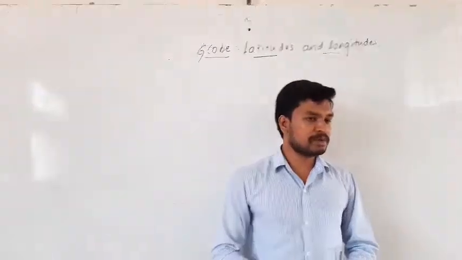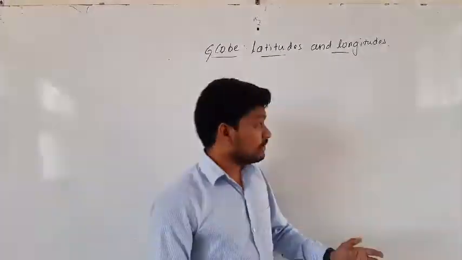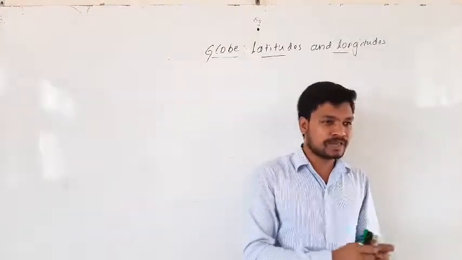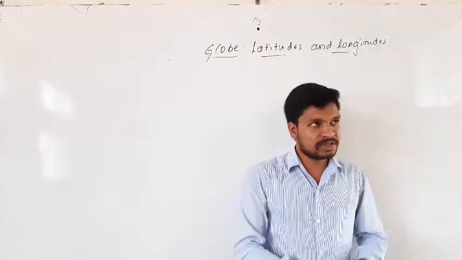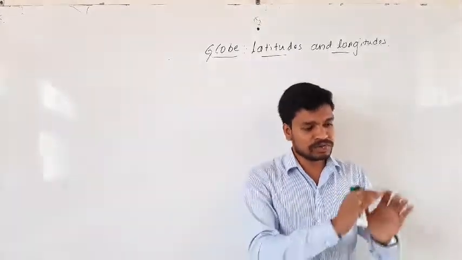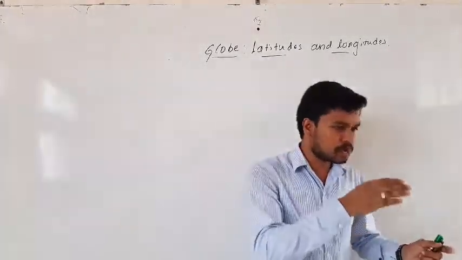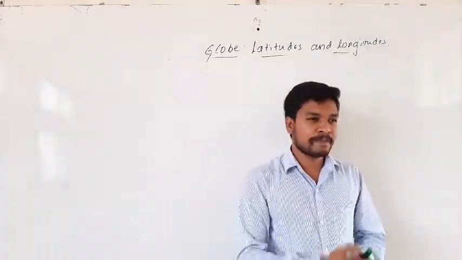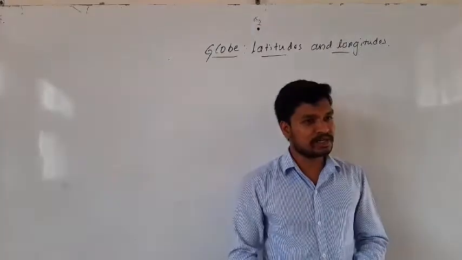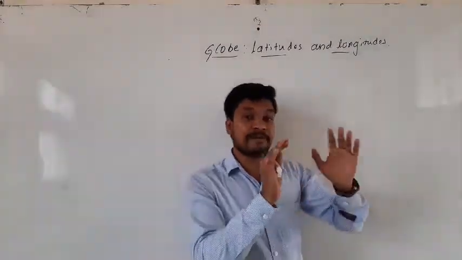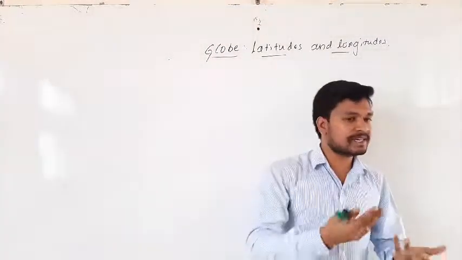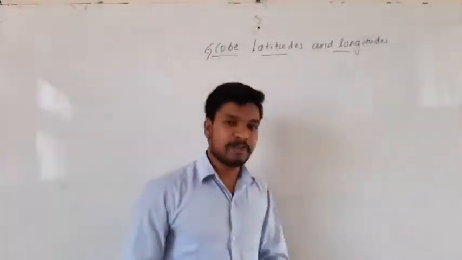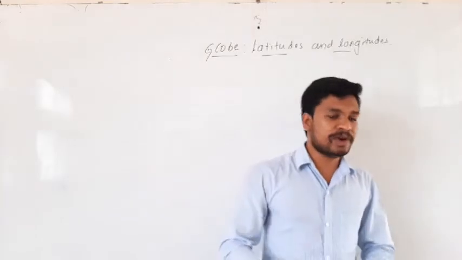We can search for places and find directions. Suppose you want to go from India to Pakistan: with the help of the globe, we can move towards the southwest and reach Pakistan, isn't it?